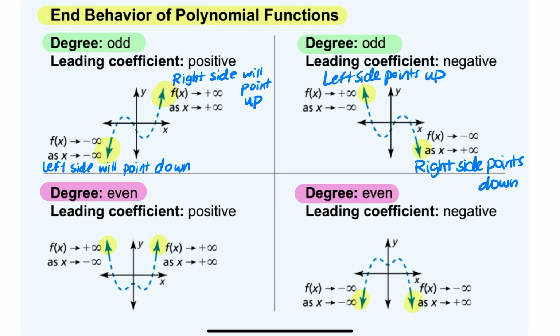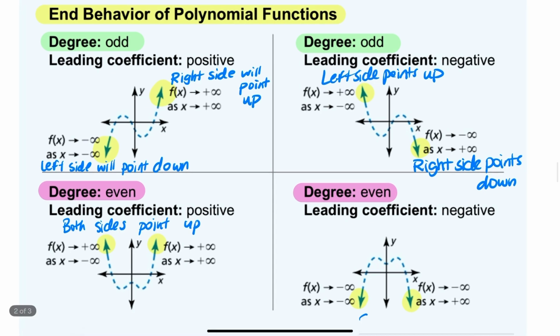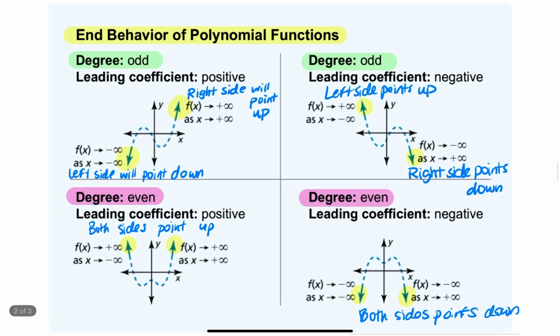So as you can see in the picture here, both sides point up, and here both sides point down. And we'll be using this information to draw or sketch graphs ourselves.